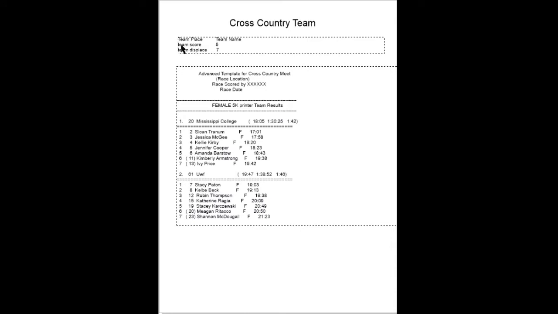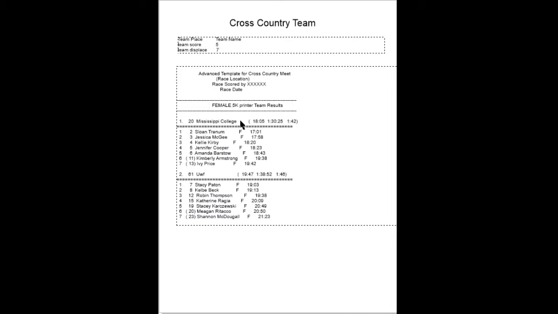For a cross-country, team place is the team name. Team score, we're going to score 5 and displace 7. So that means that if the first team has 6 members, the first 6 finishers, that next team starts at place number 7, and so on.